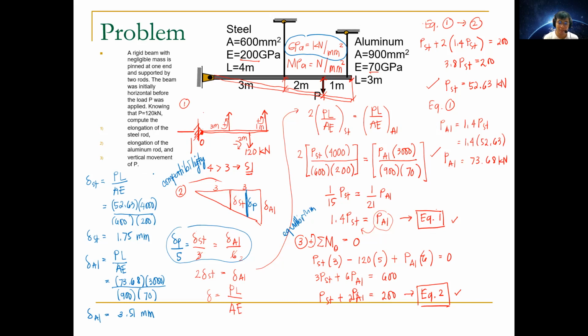So compatibility and then equilibrium, or vice versa, depending on your comfort zone, whether you're comfortable with setting the equation first using equilibrium equations or the other way around. It gives you the same answer.